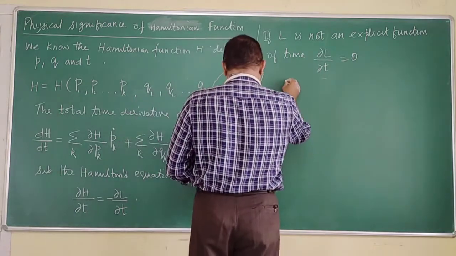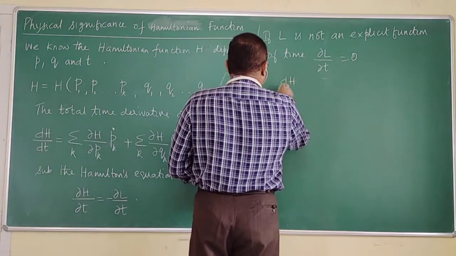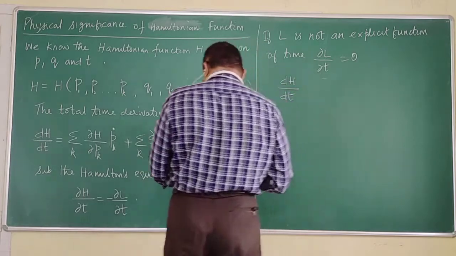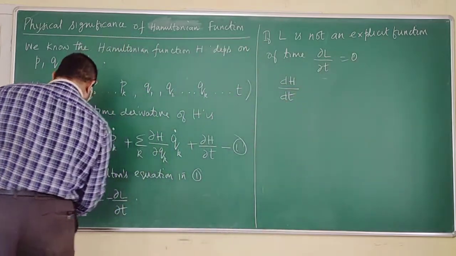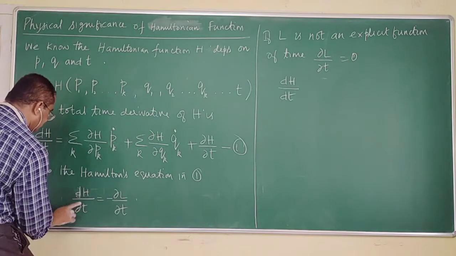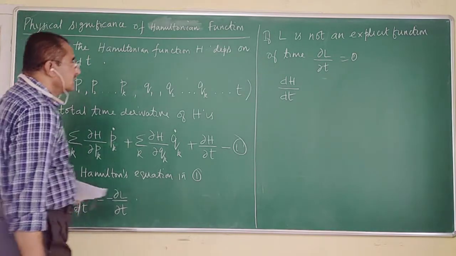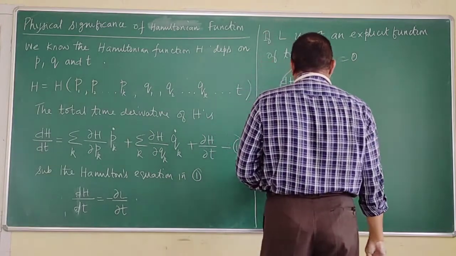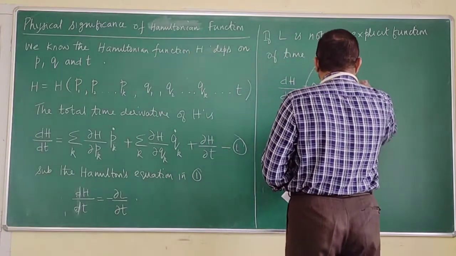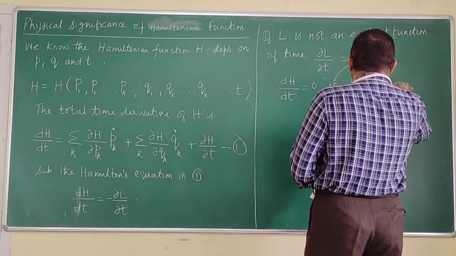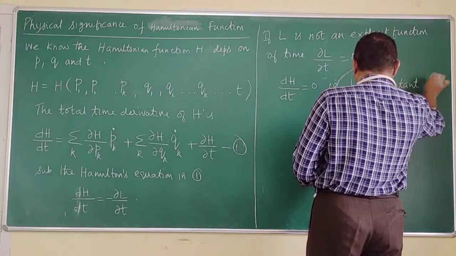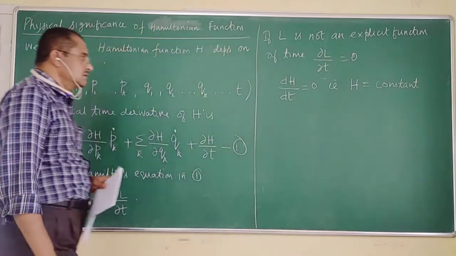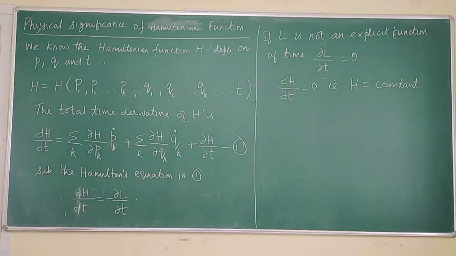Therefore dH/dt will be 0, that is H is equal to a constant. Only if H is a constant, when you differentiate it with respect to time, is it going to become 0.